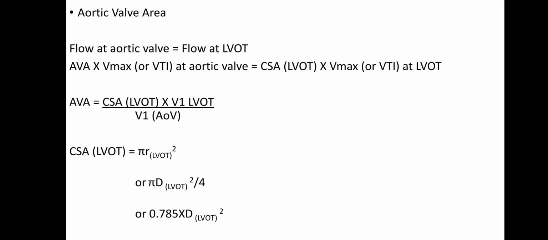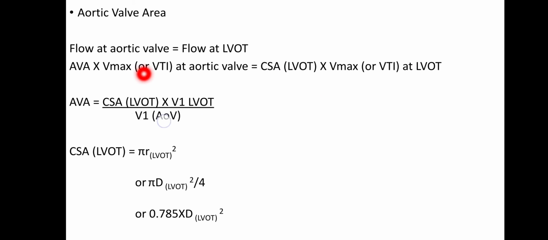In order to calculate the aortic valve area, we know that flow at the aortic valve equals flow at the LVOT. We have already discussed that. Flow at the aortic valve can be calculated by aortic valve area multiplied by Vmax or VTI at the aortic valve, which equals cross-sectional area of the LVOT multiplied by Vmax or VTI at the LVOT.